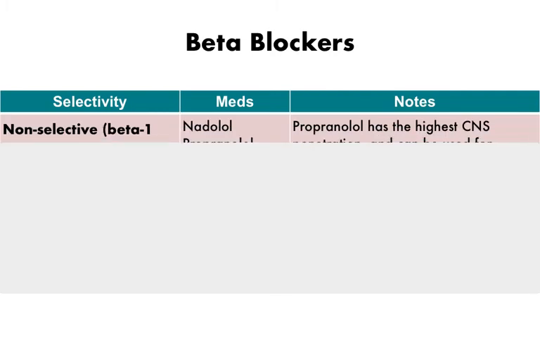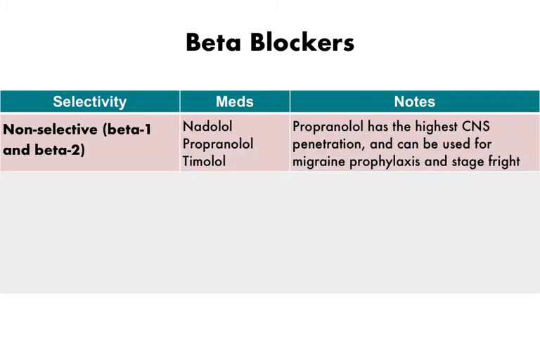So let's talk about the non-selective beta blockers first. These are agents that have no selectivity for either beta 1 or beta 2. They block both beta 1 and beta 2 receptors. These are agents like nadolol, propranolol, and timolol. Timolol is an ophthalmic beta blocker, by the way.